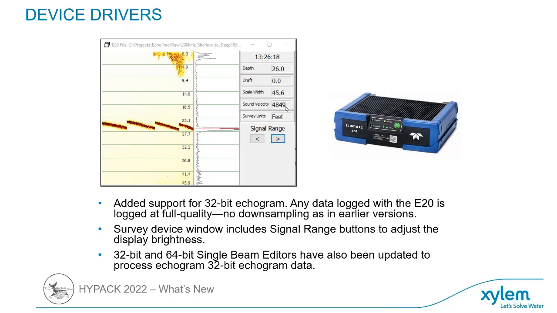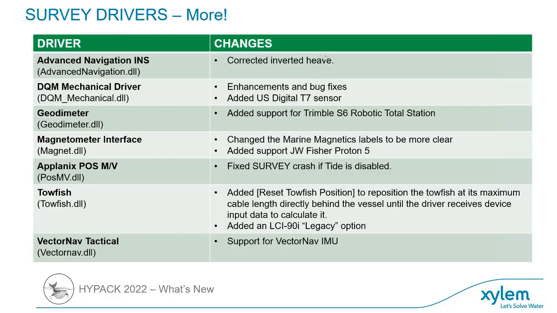So we've modified the driver. Works a lot better. We have better understanding of how the unit works, and we've actually been out in the field with it and tweaked it to our liking and hopefully to customers' liking. And all the editors are updated to process this data.